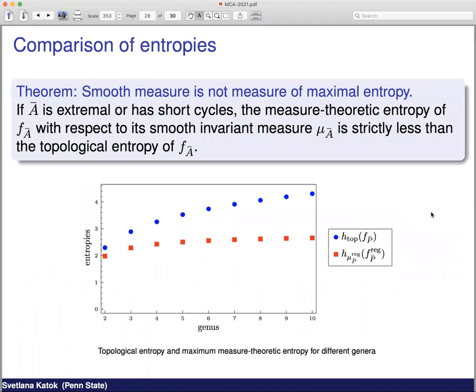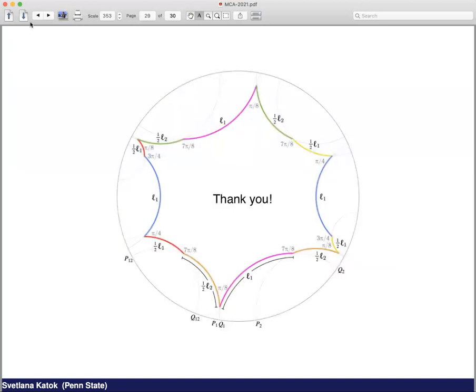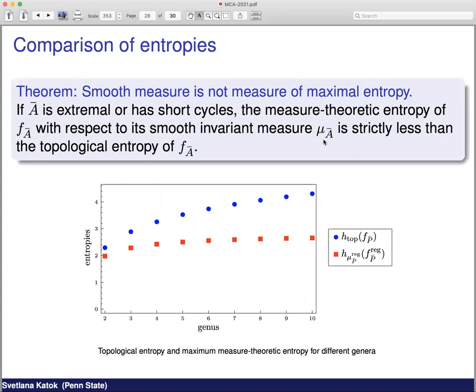Oh, I have one more slide. Comparison of the entropy. So the smooth measure is not the measure of maximal entropy. If A is extremal or has short cycles, the measure-theoretical entropy is actually strictly less. This is not very difficult because we have formulas for one and for the other, and we just have to compare them.